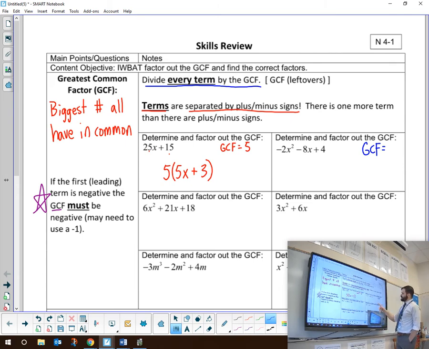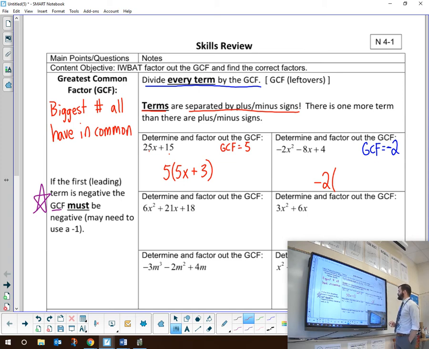So let's look at what the numbers have in common. We have a 2, an 8, and a 4. What's the largest number that goes into 2, 8, and 4? Well, it's going to be 2, okay? 2 goes into 2 one time, 2 goes into 8 four times, and 2 goes into 4 twice. But remember, this has to be a negative 2, so we're going to pull out a negative 2.